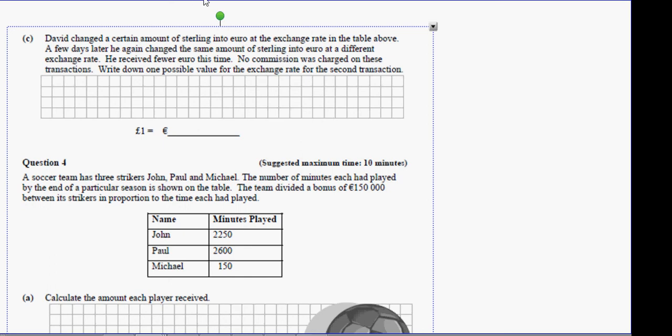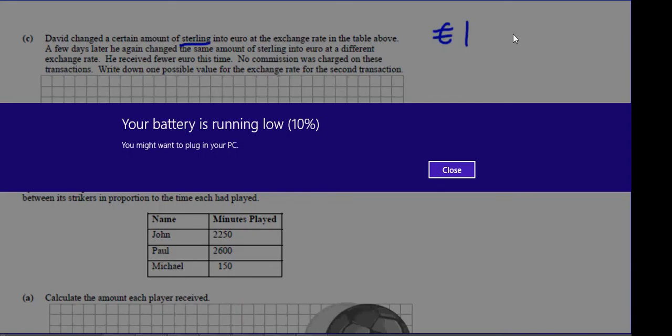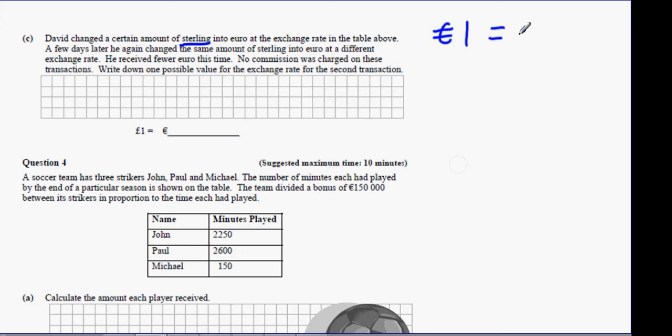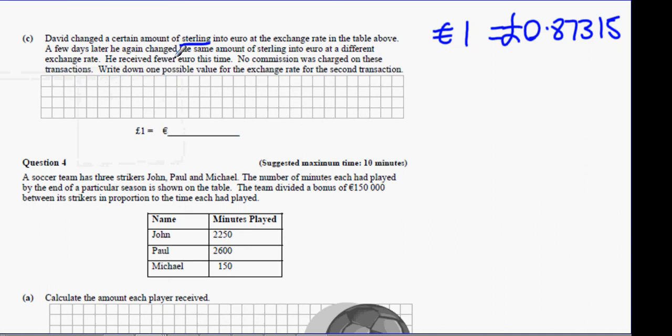Can somebody tell me the sterling rate in the table please? 1 euro is how much sterling? 0.8735. Pounds. Okay? So, a certain amount. Let's call this certain amount 100 euro.